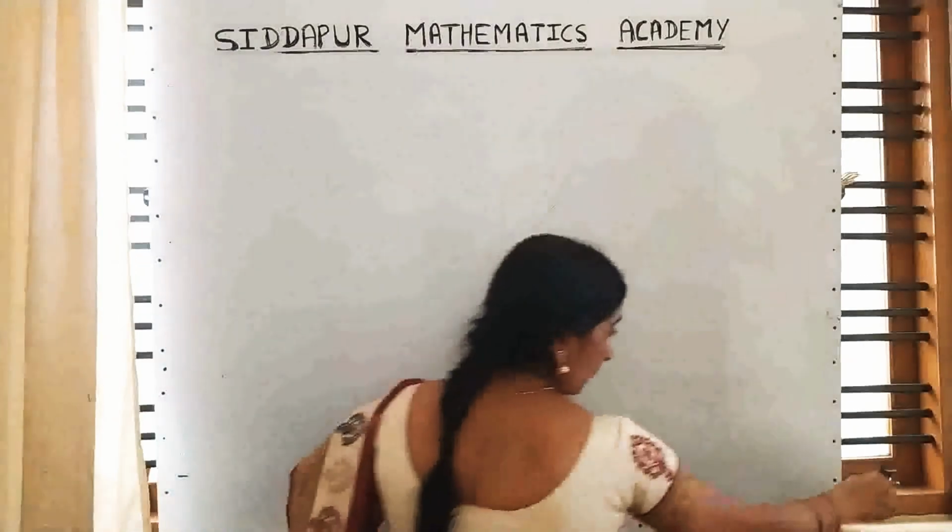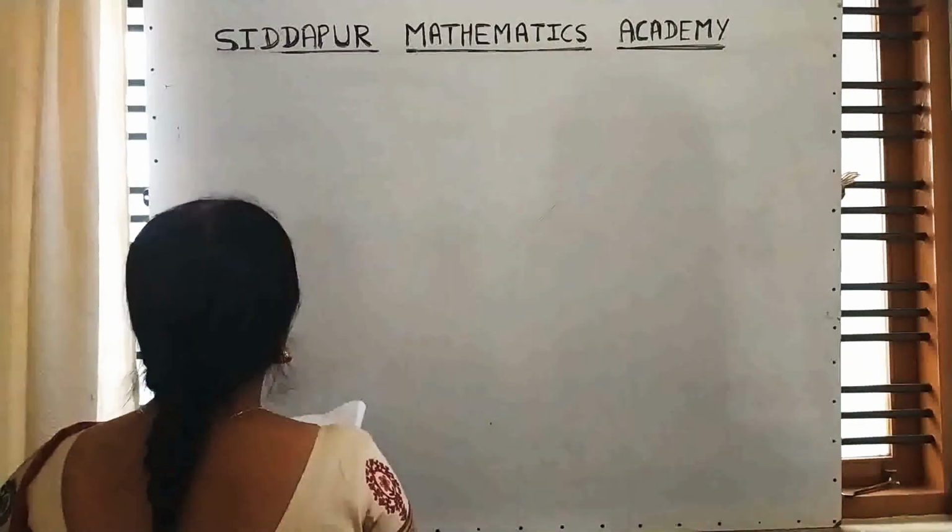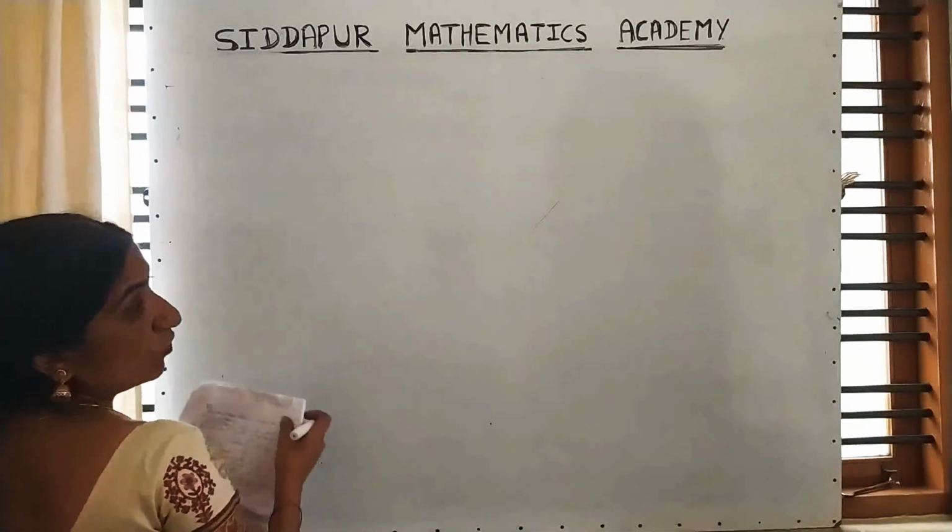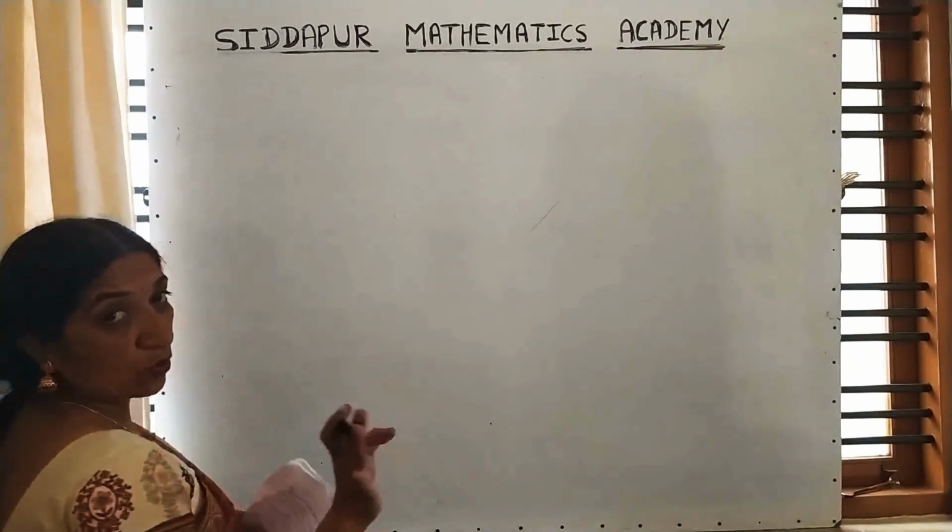See the alternate form for the same problem. See, already we are familiar. The simplest form of a linear equation is what? y is equal to mx plus c.